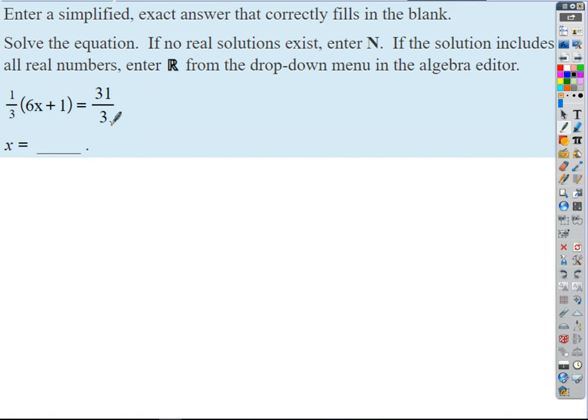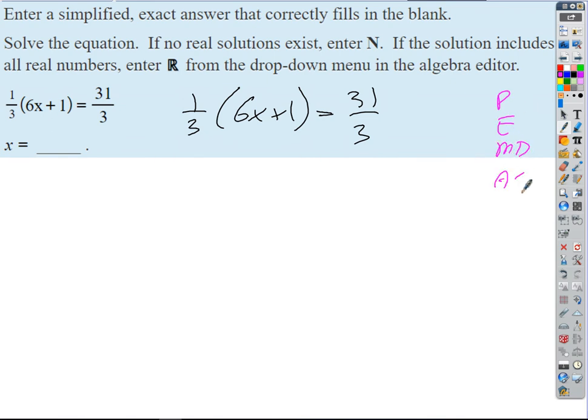Another way to think about that, same step, is, let me just rewrite this. Is just to isolate. If we're going to isolate the x, because there's a single x, we've got to do all this stuff outside of parentheses before we finally get to the parentheses, right?